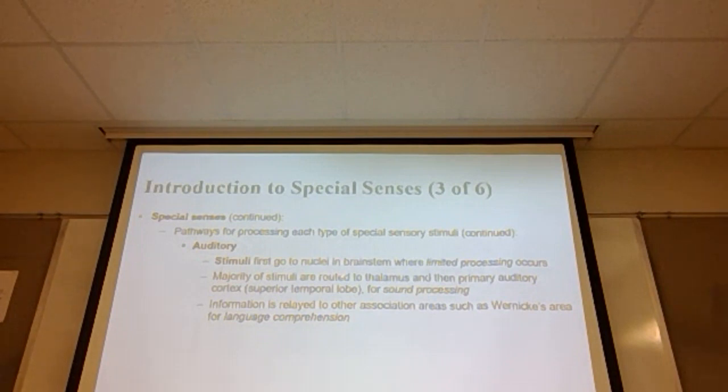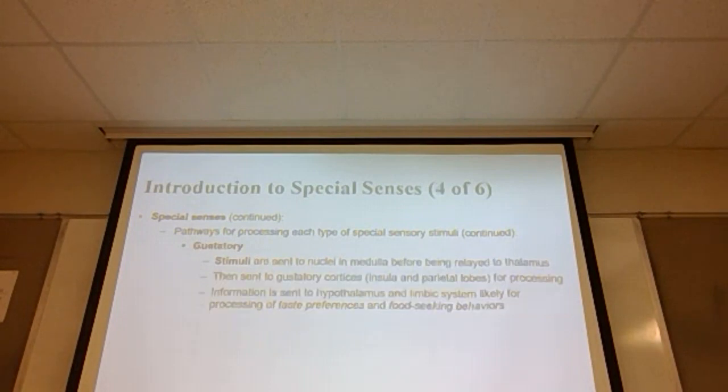The majority of the stimuli are routed to the thalamus and then primary auditory cortex for sound processing. Information is relayed to other association areas, such as Wernicke's area, where we comprehend language.